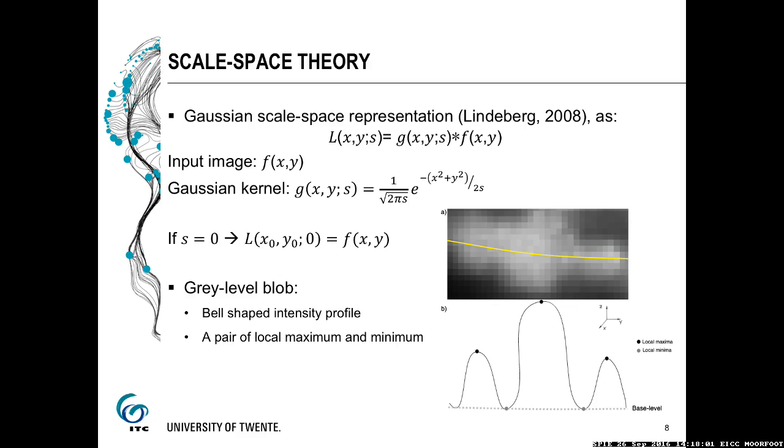Trees in remote sensing images normally have a bell-shaped intensity profile. And the gray level blobs are the regions, as they consider a group of pixels as the polygon of the tree, and they are the pair of the local maximum and local minimum.